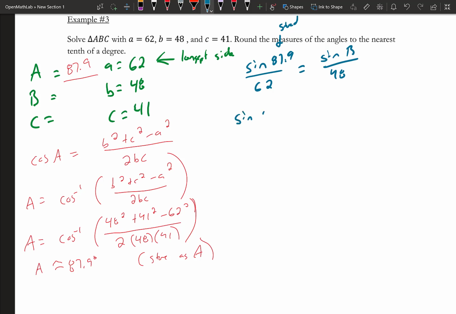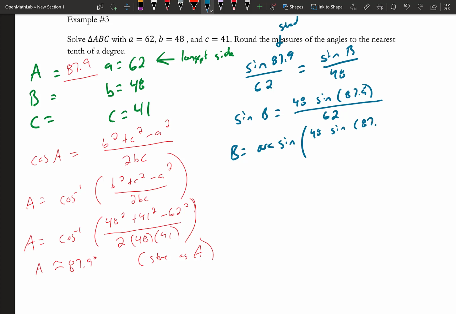So sine of B is going to equal 48 times sine of 87.9 degrees all over 62. So then B is going to equal arc sine of 48 times sine of 87.9 degrees divided by 62. And again, make sure you plug in the stored A value in your calculator.